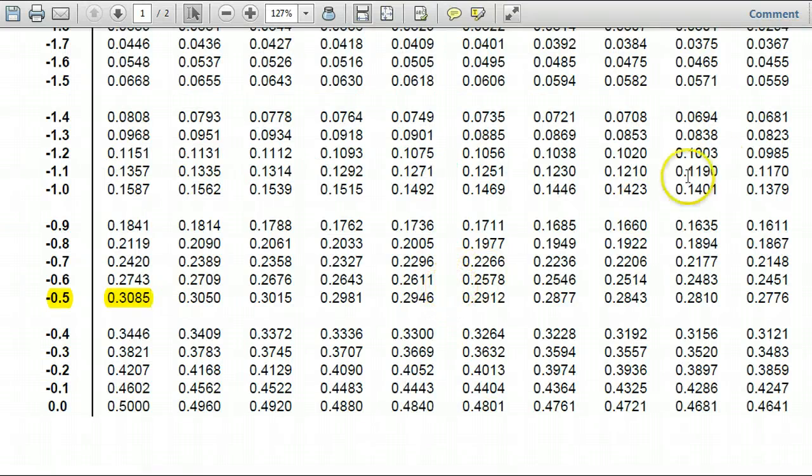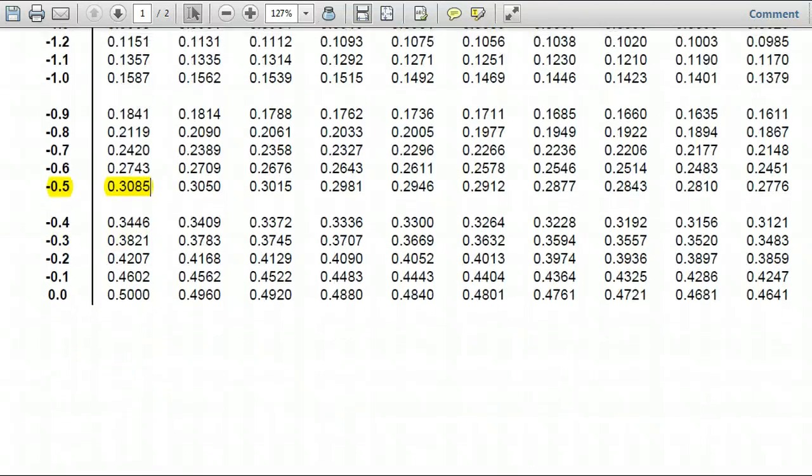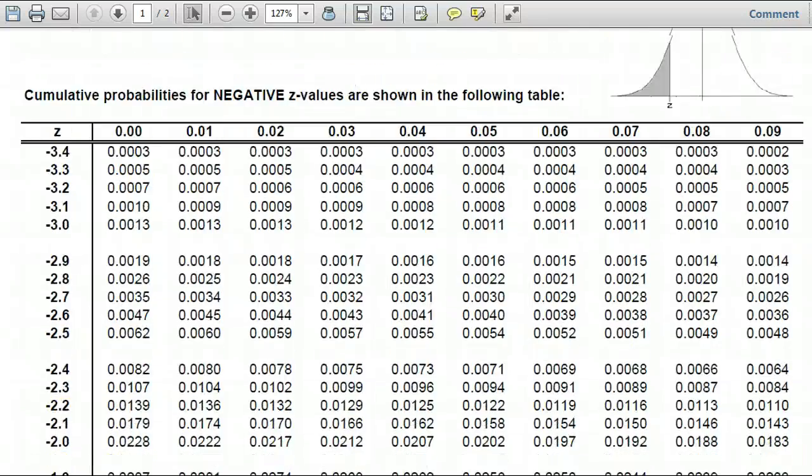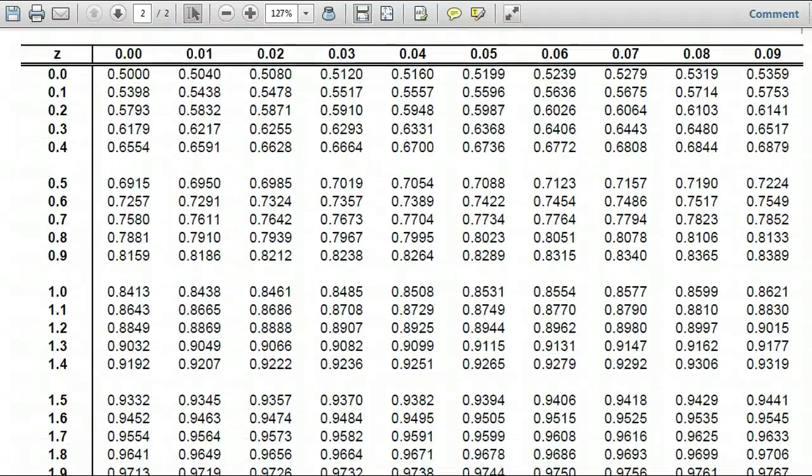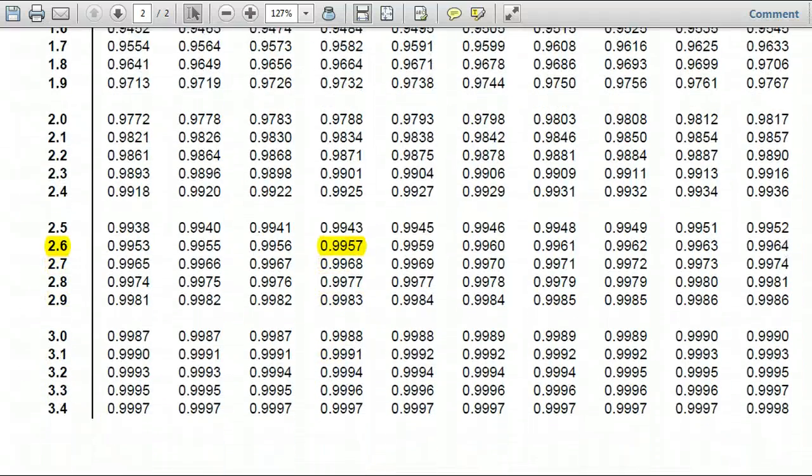3.25 is definitely a positive value, so I'm going to have to get to that side of the table. Okay, so 3.25 starts with 3.2.